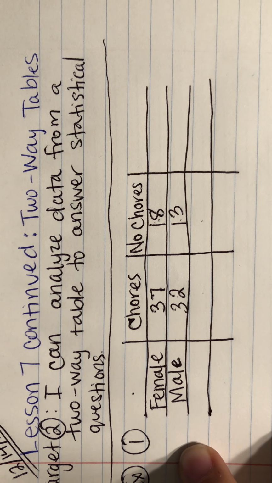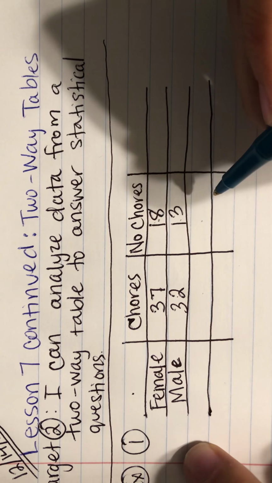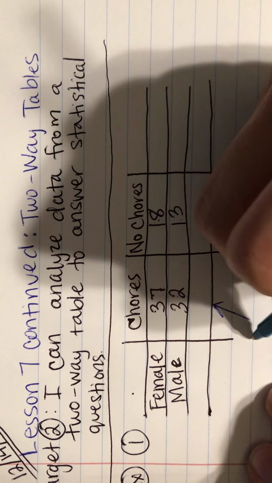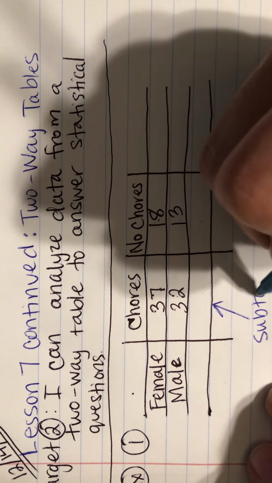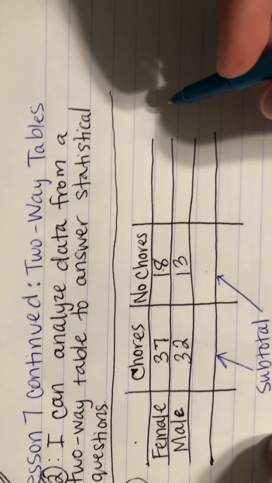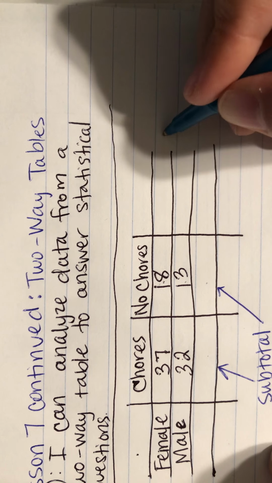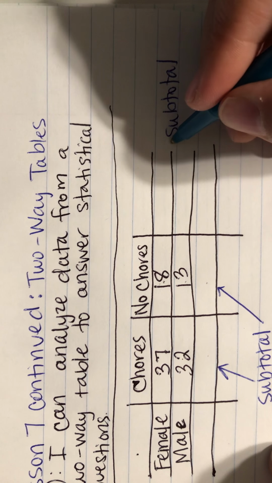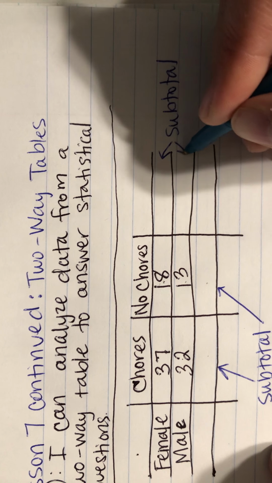What's going to be in the rest of the boxes are your subtotals. And same thing on this side. These are going to be your subtotals. Here and here.